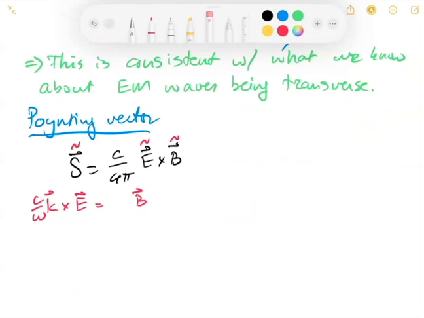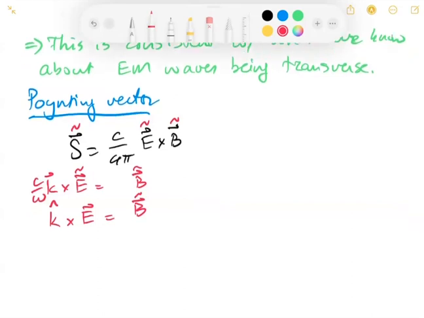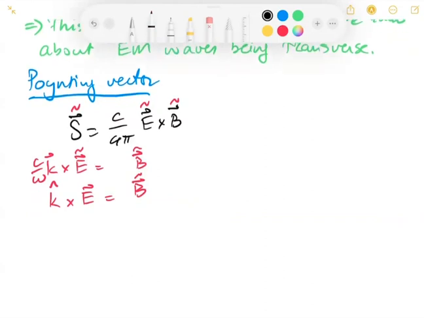So really, this is k unit vector cross E. Let's do this with tildes is B. So into Poynting's vector it goes.